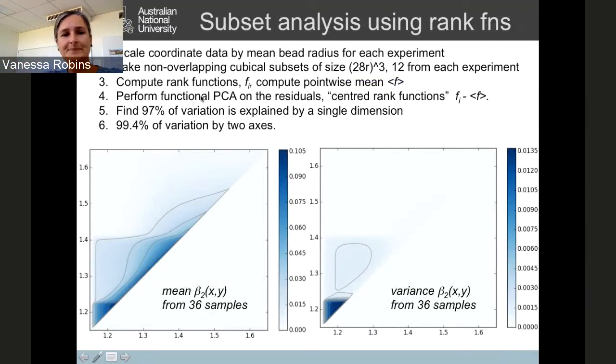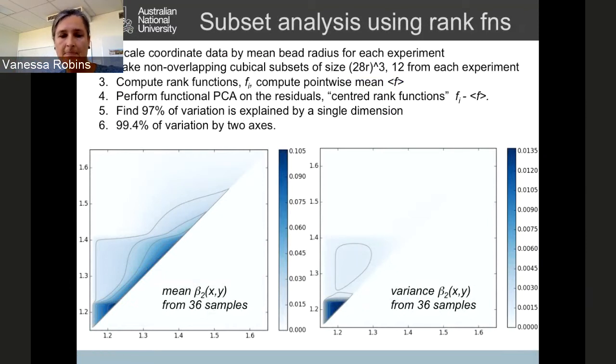Well, almost a single parameter. At 97%, we've got a single parameter controlling the variation, and if we look at two axes, they explain 99.4%.